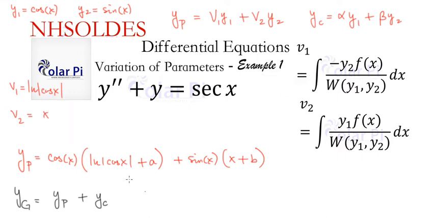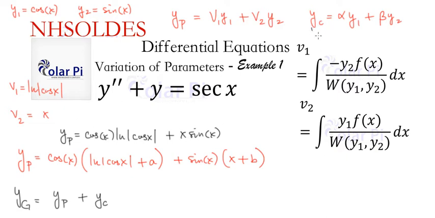Then the particular solution would have looked like yp equals y1, cos x, times v1, which is ln cos x, and then plus y2 v2. y2 is sine x, and v2 is x, so x sine x, right? We would have had that particular solution.